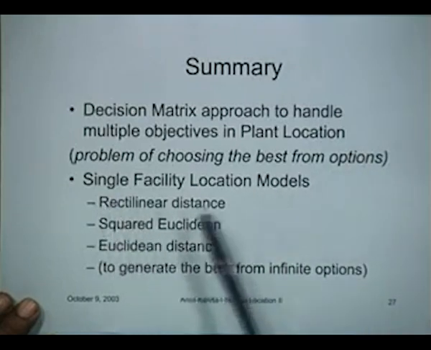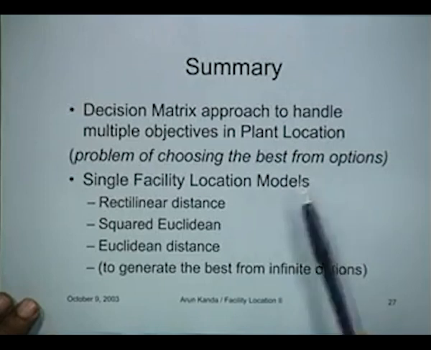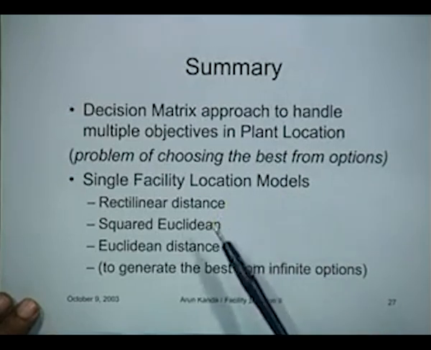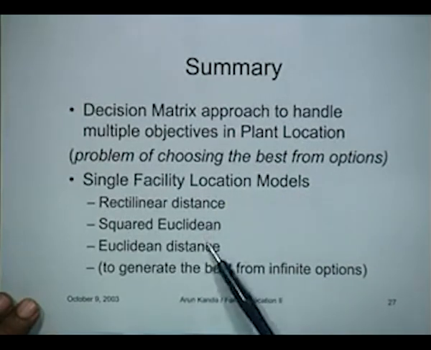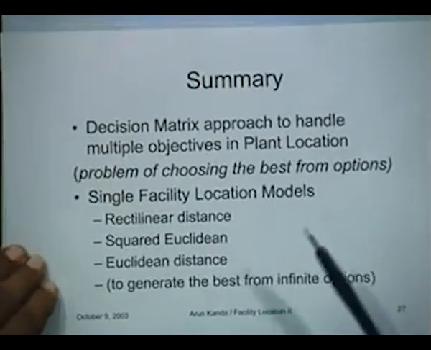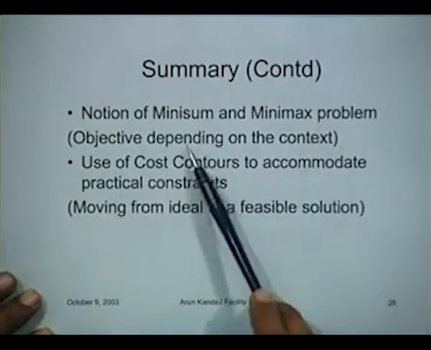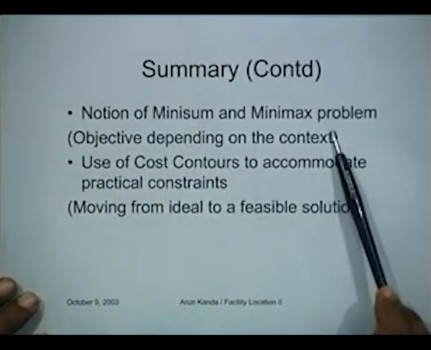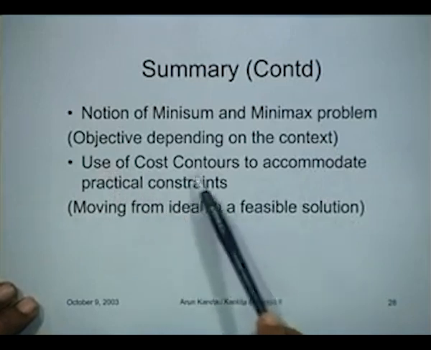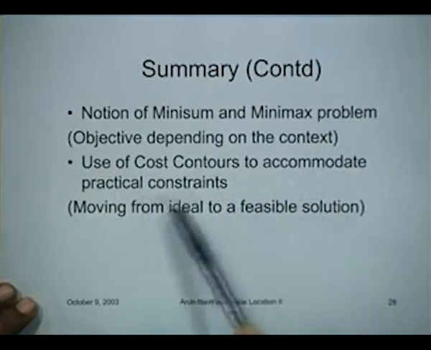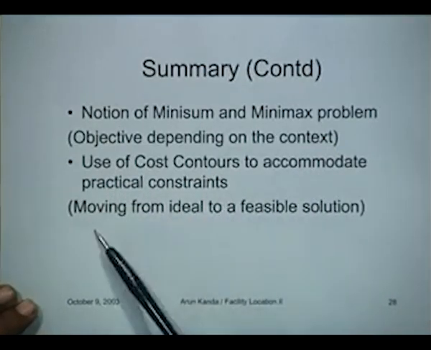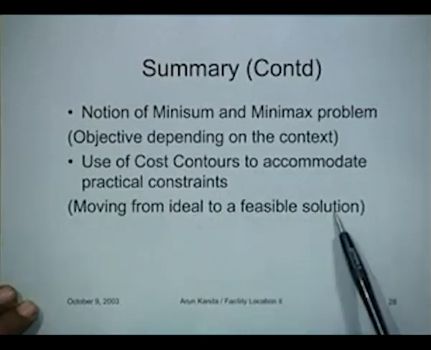And then we have the single facility location models. We talked about the rectilinear distance, the squared Euclidean distance, the Euclidean distance, where the objective was to generate the best from the infinite options which are available. And finally, we talked about the notion of mini-sum and minimax problems, where the objective could change depending upon the context. And finally, we saw how cost contours can help to accommodate practical constraints, that is, moving from ideal to a feasible solution.